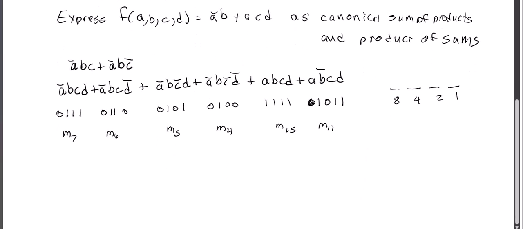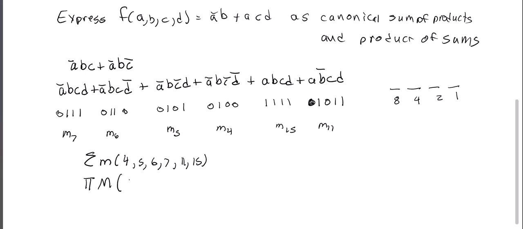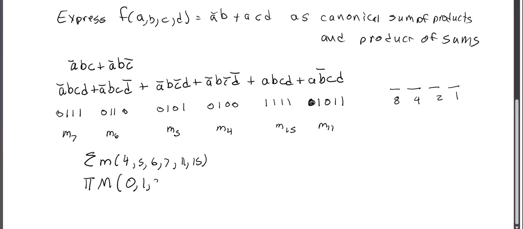So this is the sum of min terms 4, 5, 6, 7, 11, 15, which means it'd be the product of max terms 0, 1, 2, 3, 8, 9, 10, 12, 13, 14.